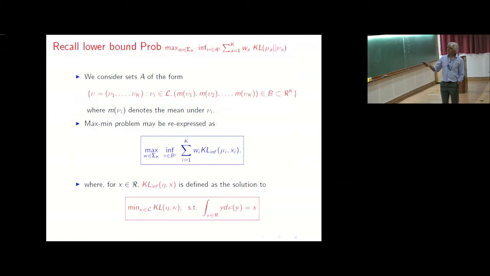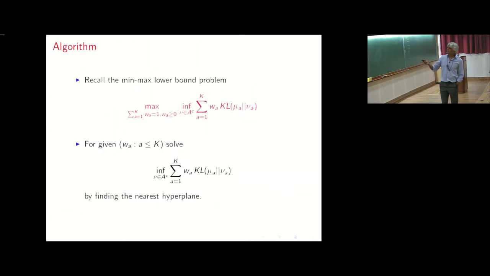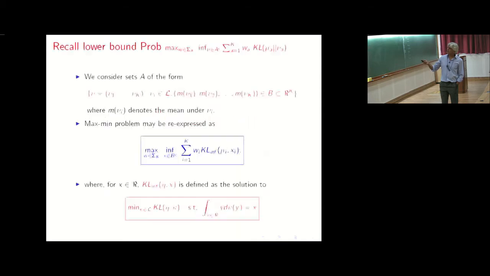Main thing is that earlier, I've not made these slides well, but earlier I had the KL distance between two distributions here. Now I'll bring the infimum inside and I get KL_inf here. Essentially, I take an infimum over all distributions which have mean x_i. So once I define this new quantity KL_inf, then this is my new min-max problem, and my x's are still taking values on the real line.